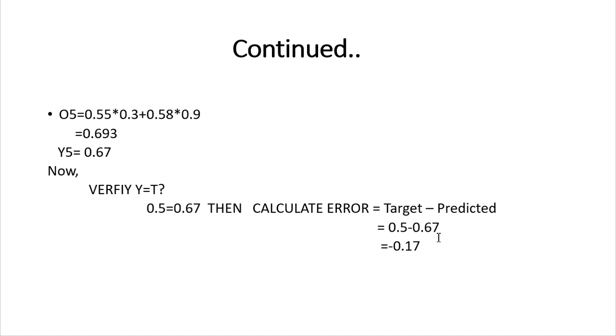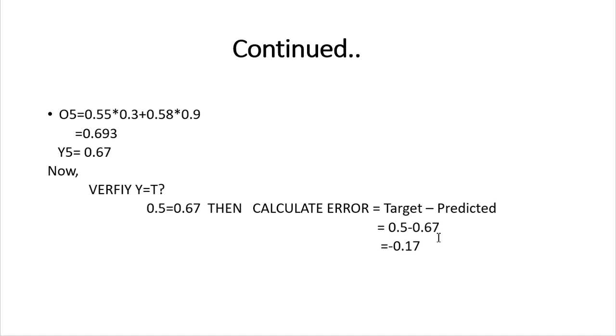So in the multi-layer perceptron, we have seen the forward pass and the backward propagation, the backward pass. I hope you understood the concept of backward propagation and how it is done. In this case we have not taken the bias.